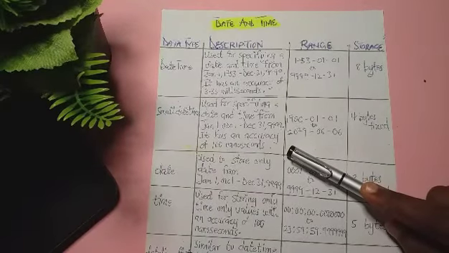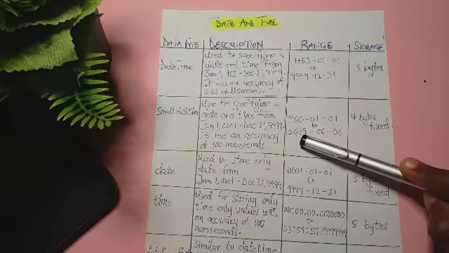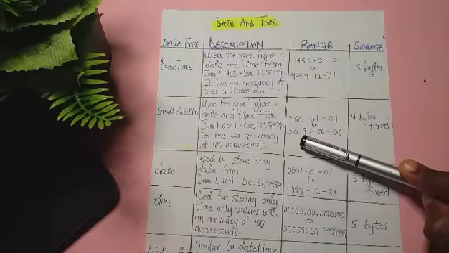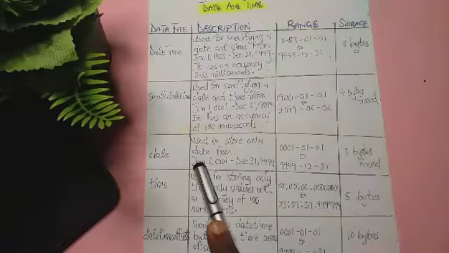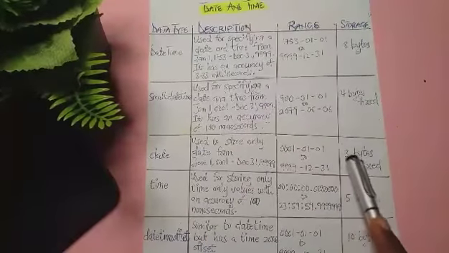No matter how you give the data, it has 4 bytes fixed. And we have the date data type. You use it to store only the date from this range, and it has 3 bytes fixed.